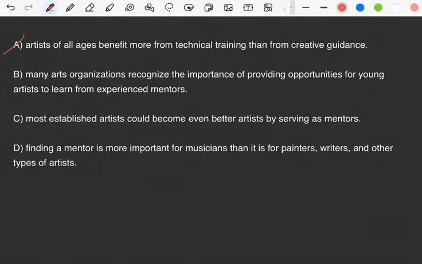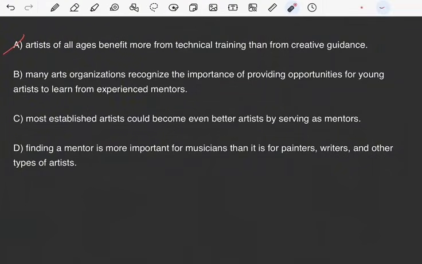Next one is: many art organizations recognize the importance of providing opportunities for young artists to learn from experienced mentors. Now let's look at the parts of what the sentence is saying. Number one is many art organizations. Is it correct? Yes, because in the passage we're talking about AACM and also other numerous organizations that do this. Then recognize the importance. Indeed, they are actively doing this.